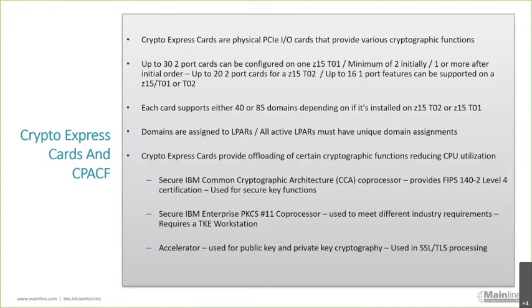This allows you to do quite a few different functions, but I always think of it as kind of a hybrid configuration, where it will also allow you to offload the SSL and TLS processing, but it also allows you to store master keys and other types of cryptographic keys. And then, if you have PKCS #11 requirements for your applications, you can configure it in this mode as well.